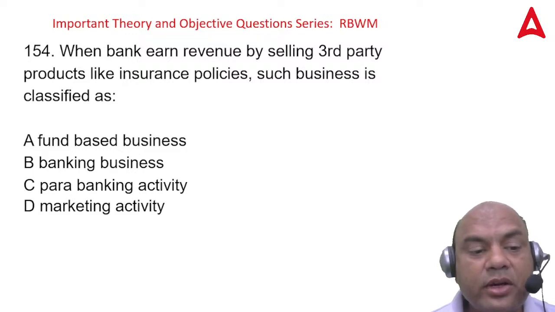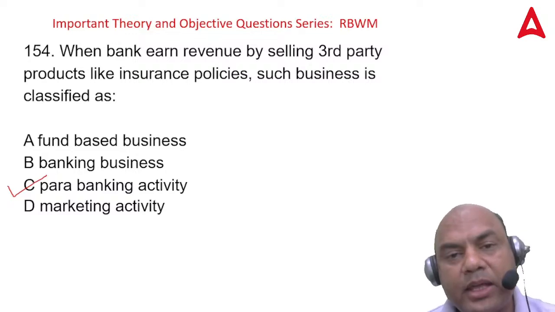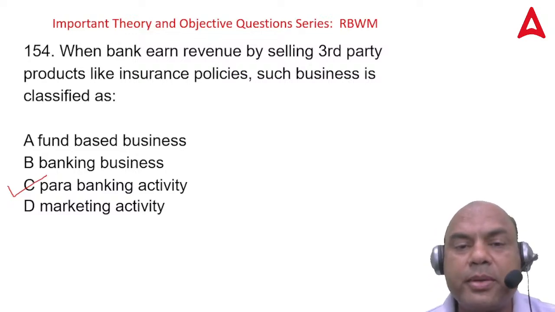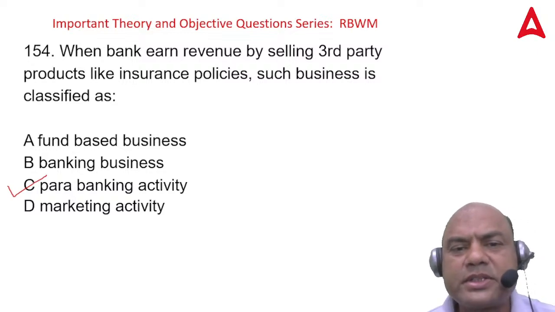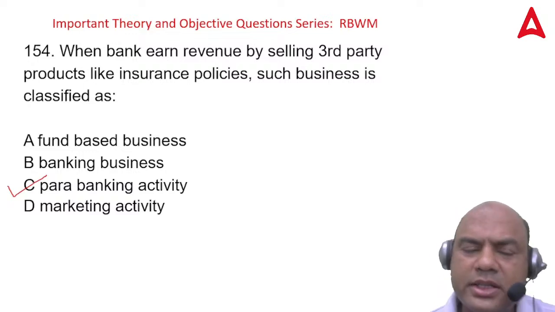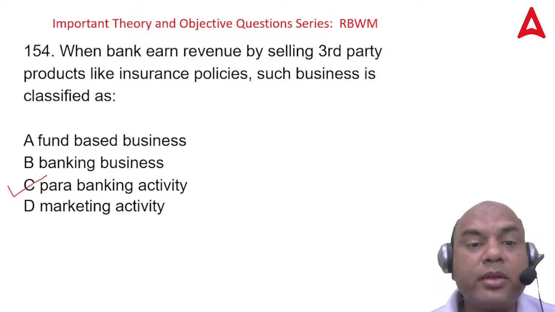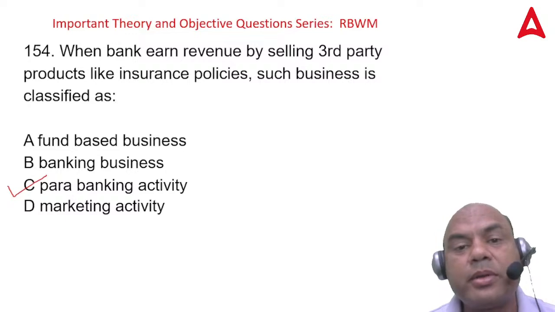So this line is called para-banking. Remember, para-banking means banking which is not a core product of the bank. It has many names: ancillary services, third-party products, para-banking, all these. So when the bank earns revenue by selling third-party products like insurance policies, third-party products are many.